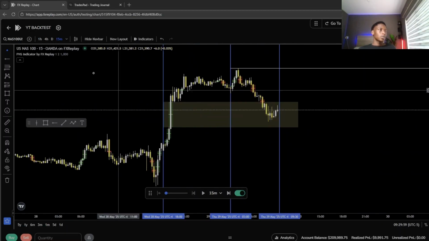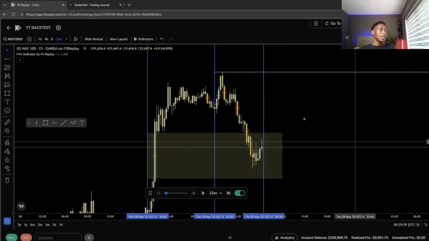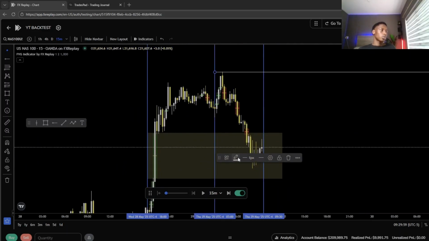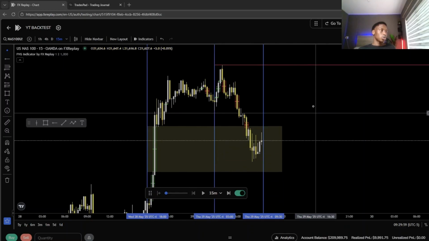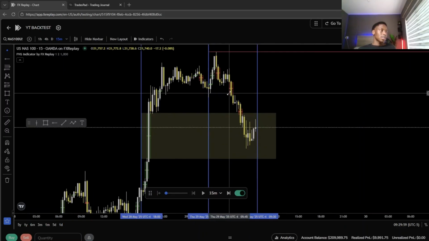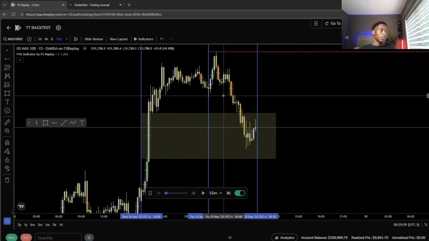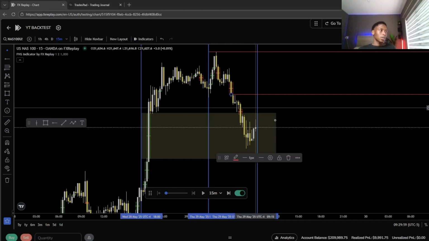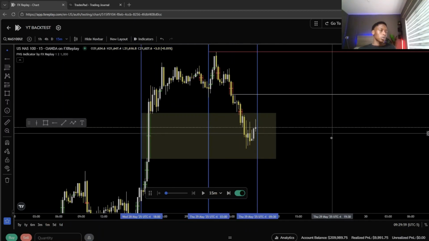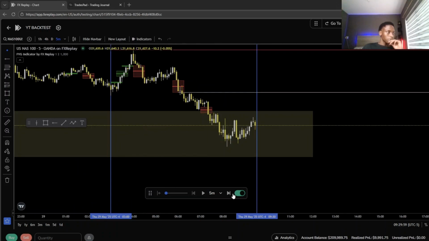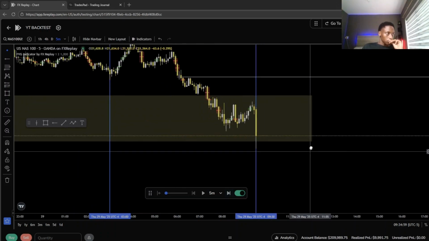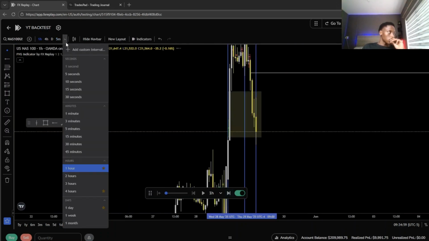So 15 minute, we're looking good. Take profit wise, obviously London highs are looking fruitful, right? After they took out Tokyo highs, London highs are looking good. Even this one over here is not too bad. We can even go for this one. Heavy sell off.